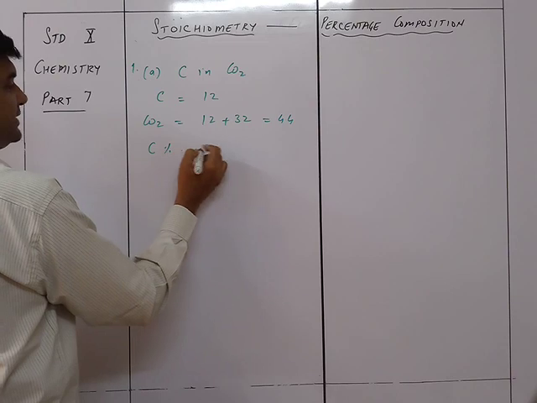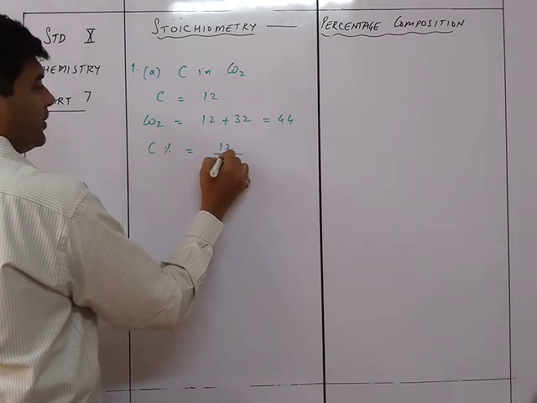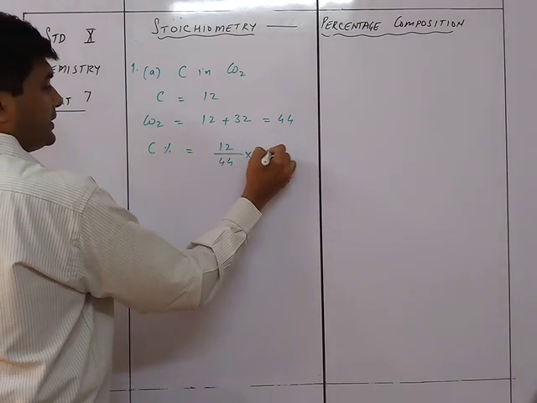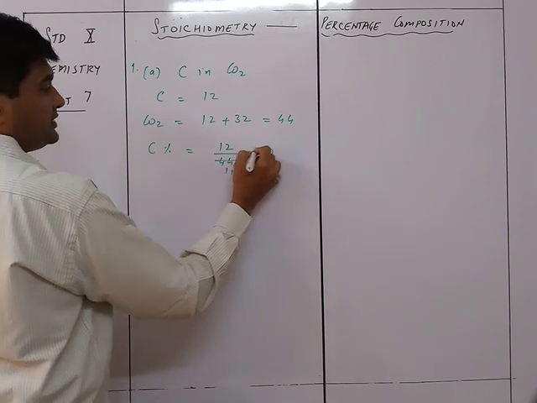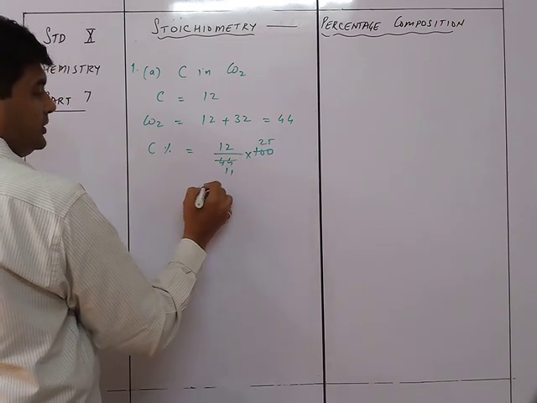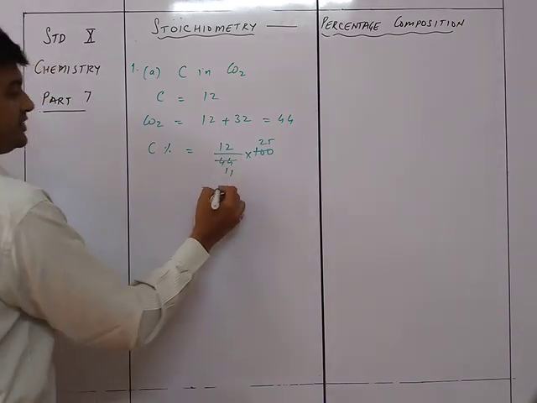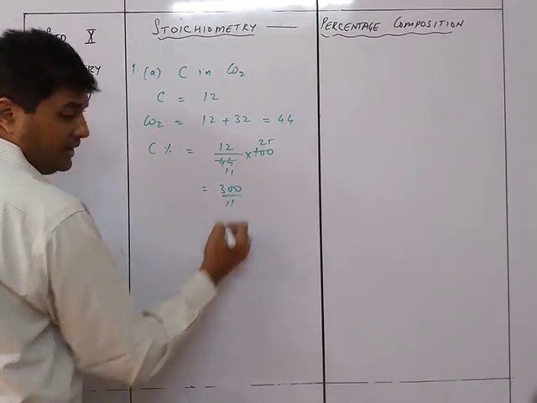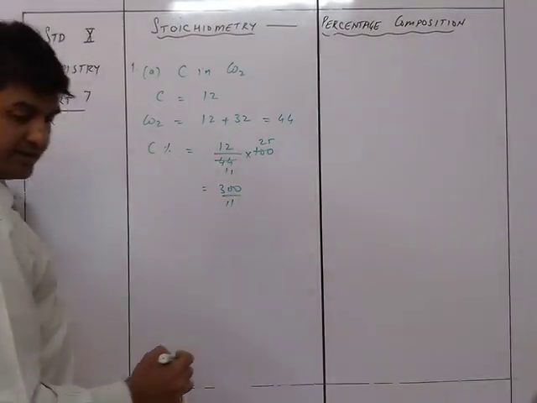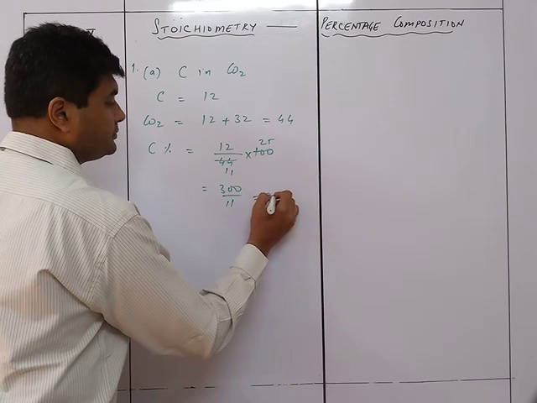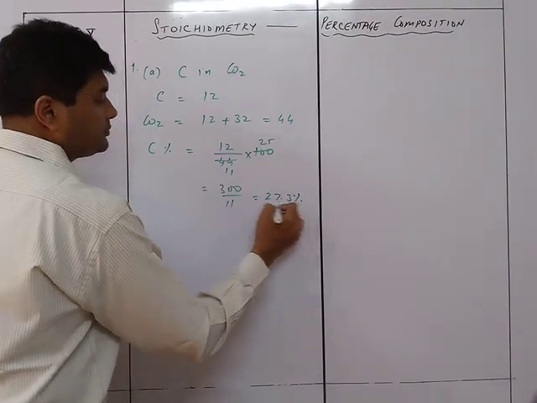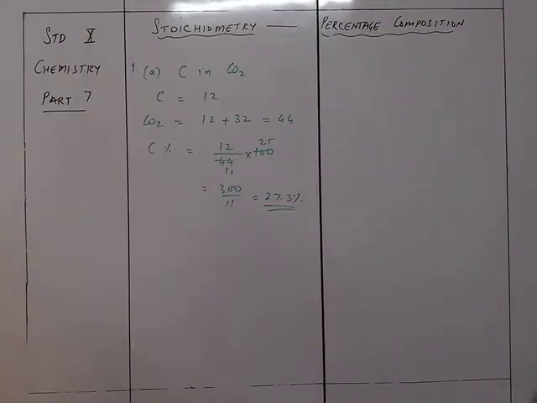Therefore C percentage is 12 upon 44 into 100. 4 elevens are 44, 4 twenty-fives are 100. So that will be 25 into 12 is 300 upon 11, which is 27.27, that is 27.3%.